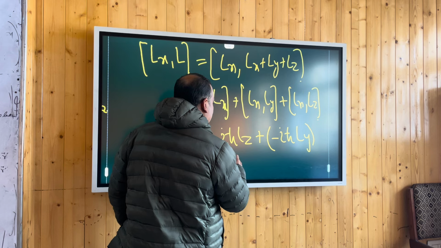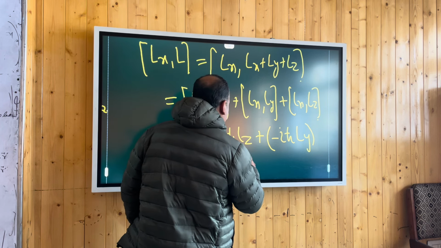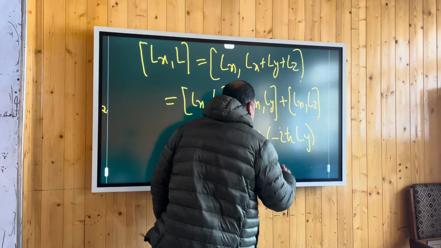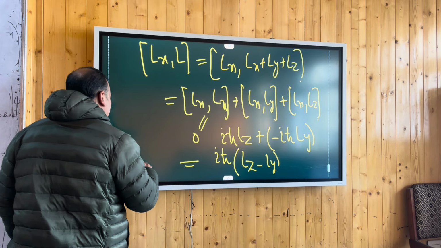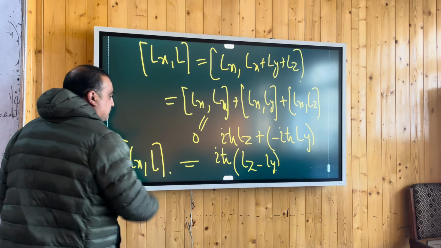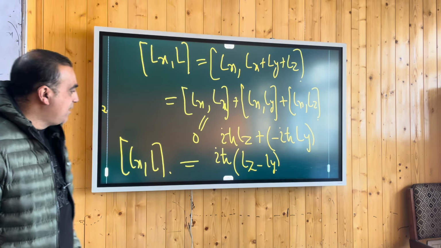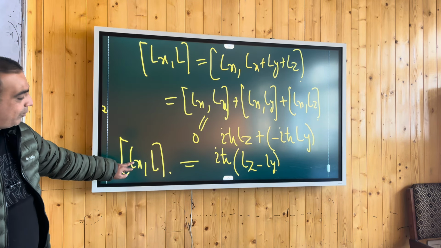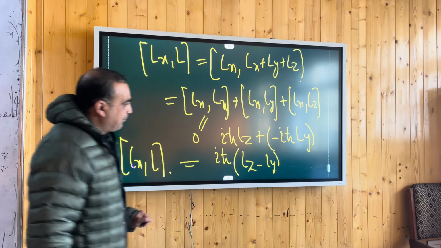Common here is iħ, and inside you'll be left with Lz minus Ly. So this is giving you the commutation between Lx and L. Fine? Are you getting it?